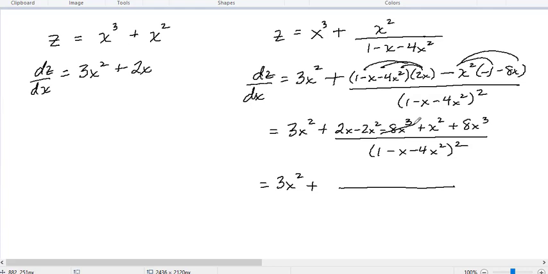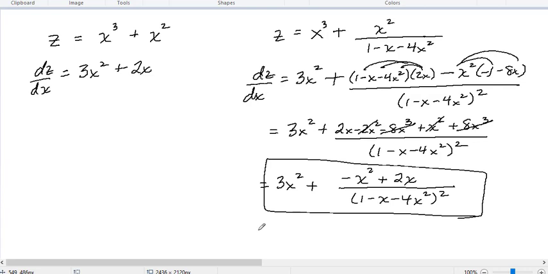So a negative 8x cubed and a positive 8x cubed, those cancel each other. X squared and negative 2x squared make negative x squared plus 2x over my denominator, still in a factored form, still whole thing squared. And type it in just like that.